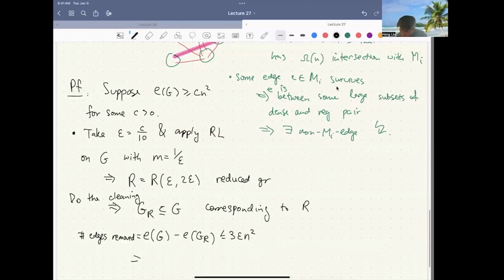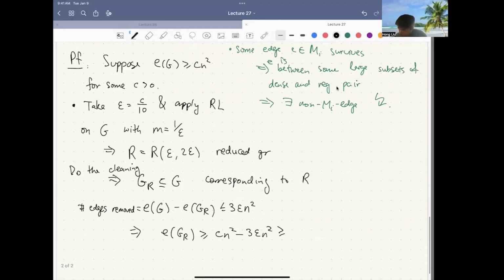This implies that G_R has lots of edges. It's at least C n squared minus the number of edges removed. So at least how many edges? C is 10 epsilon, so you have at least 5 epsilon n squared edges.